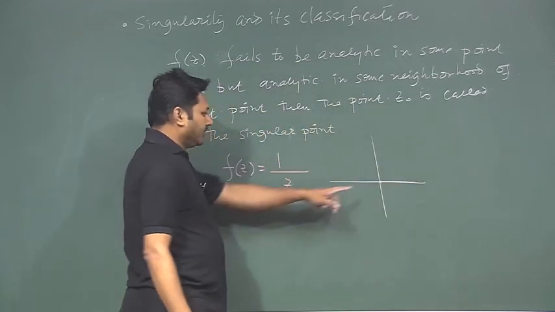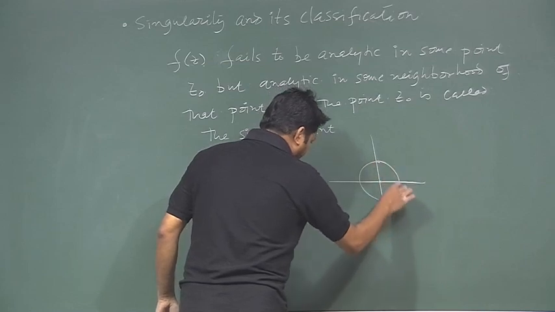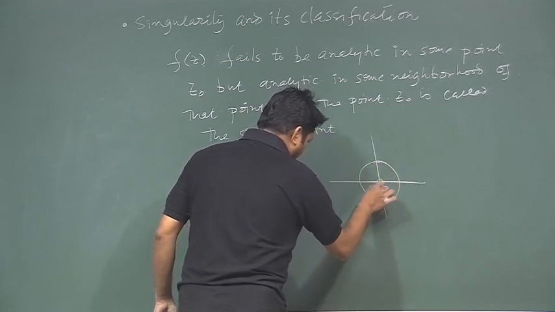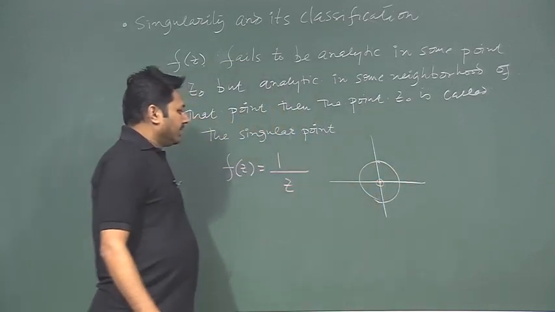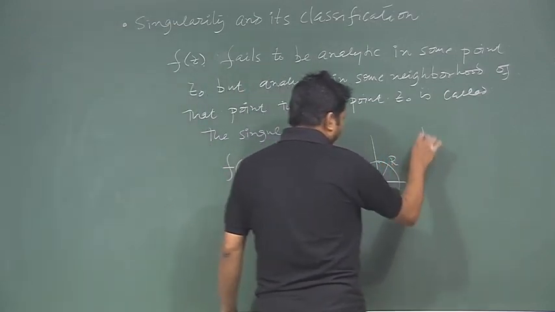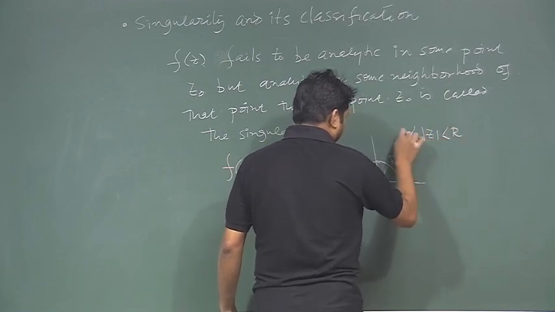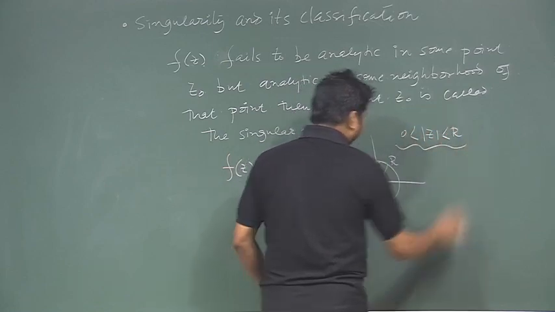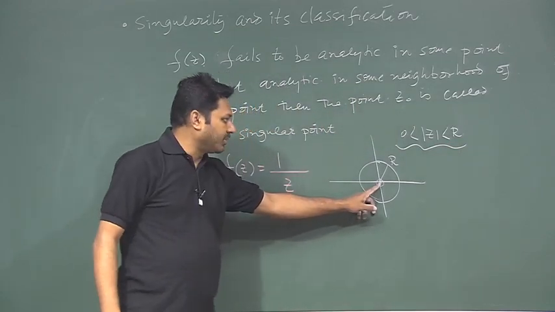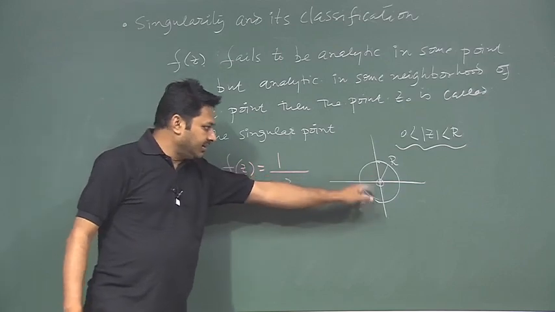At z equal to 0 the function is not analytic, but if I remove this 0 point, say this is a radius r, so that means 0 less than mod of z less than r, some deleted neighborhood as it is called, then this function is analytic in this region.